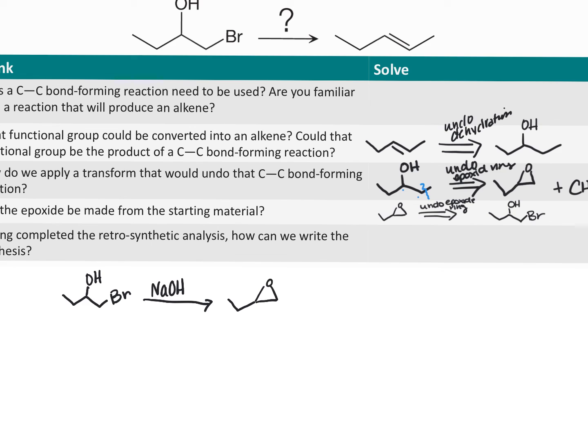And so that forms the epoxide. And then here, I can add the CH3Li, or if you chose MgBr, any of those. And then I know I'm going to need an acid workup, which is H2O and H2SO4. And then I can get to my alcohol.